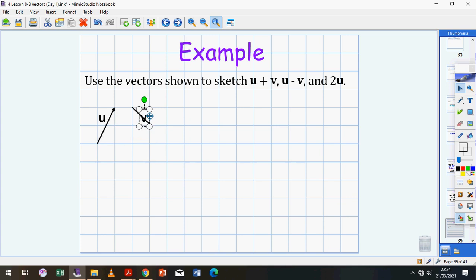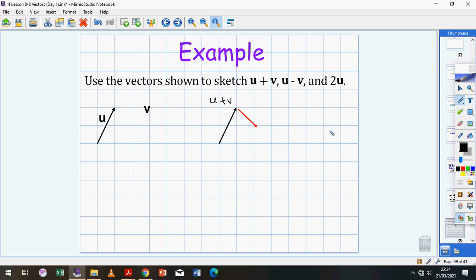So if I want to add them, u plus v, I'm going to take u as it is, put it there, and then I will pick v and get the tail of v, which is the end of v, and put it on the head of u. So I've put the tail of v on the head of u. Hope you can see that.